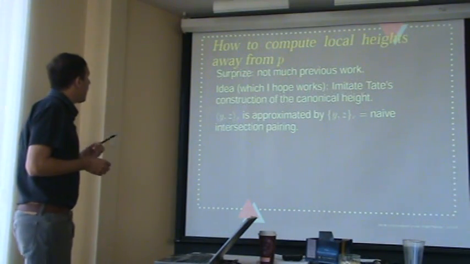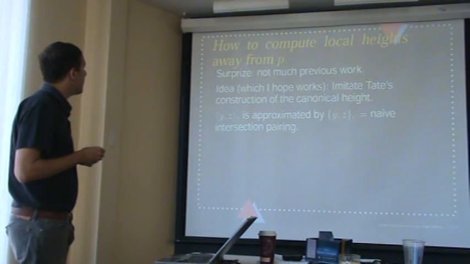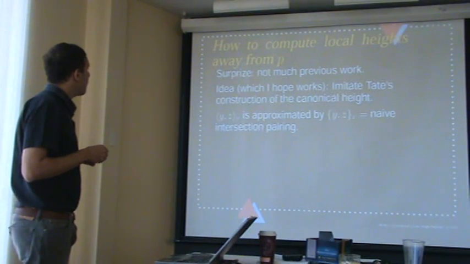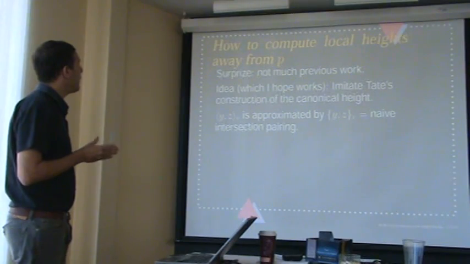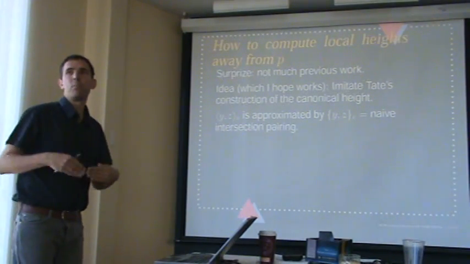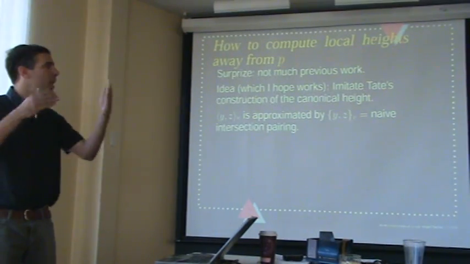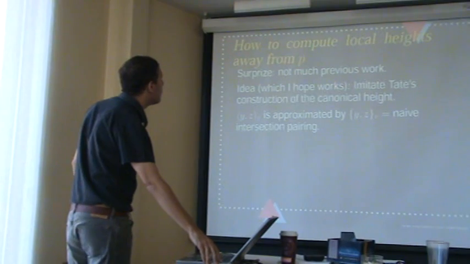Now, the idea that I have, again, looks like it works, but I haven't checked this in any detail, is the following. Let's forget about all of these complications and just take naive intersections. I'm just going to project on the x-coordinate and see the difference between the x-coordinates. Again, maybe I extend scalars or something; think a little bit about how to do this.